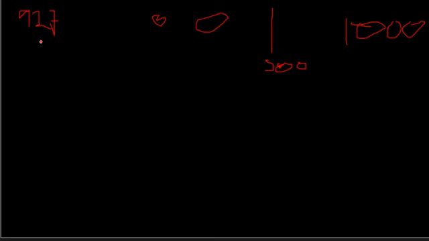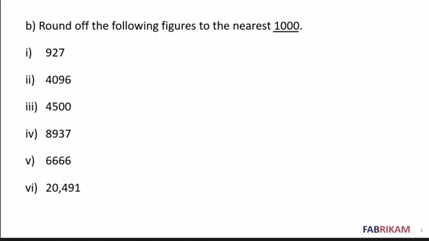Let's look at 4,096. Okay, 4,096 lies in the range of 4,000 and 5,000 because it is greater than 4,000, but it is less than 5,000.